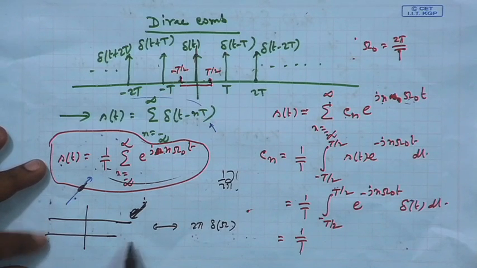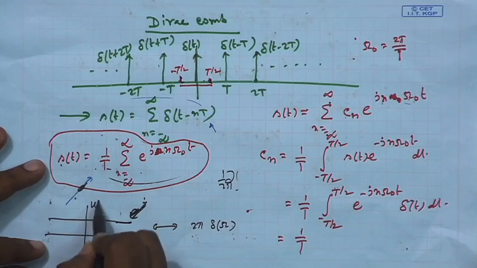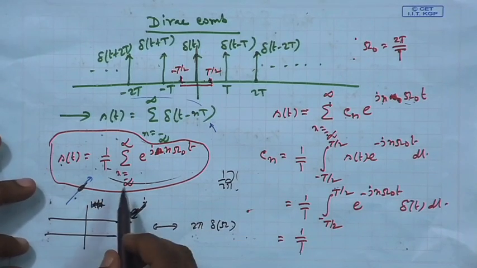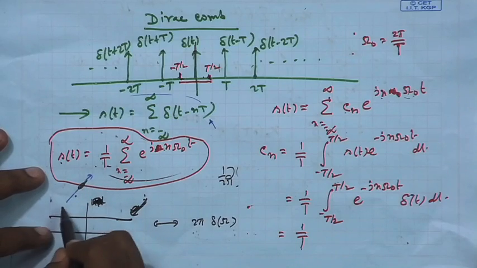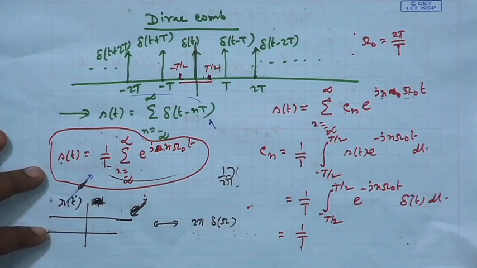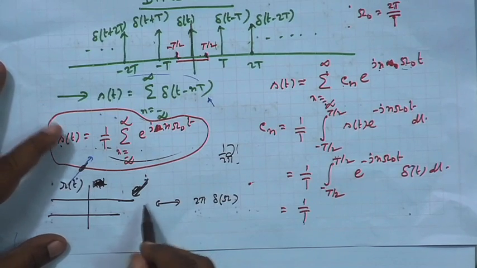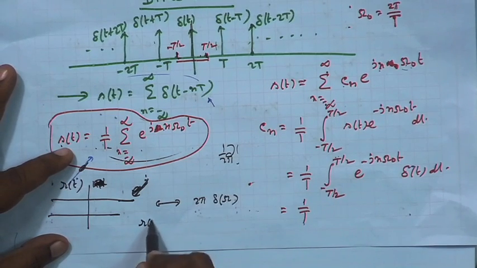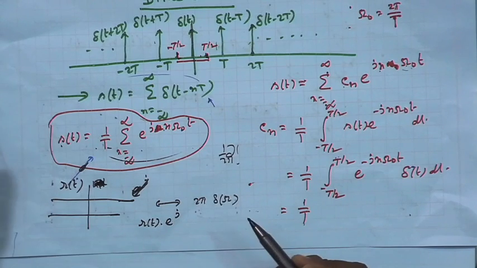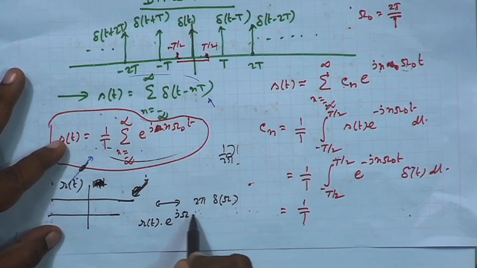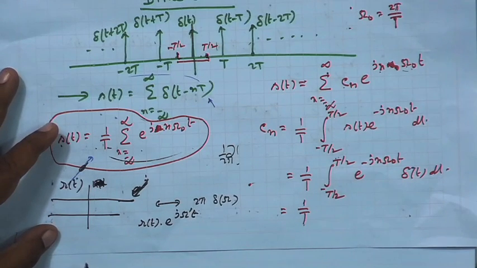So, if I have got a function, let us give it some name, say RT, which is 1 all throughout, a DC function. Now, suppose I multiply RT with e to the power j omega prime t, some frequency. What will be the Fourier transform of this?